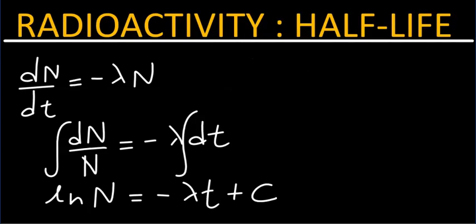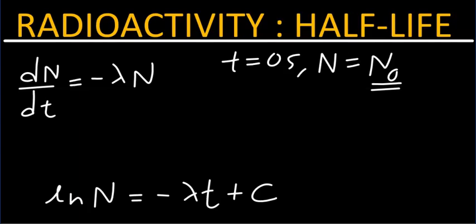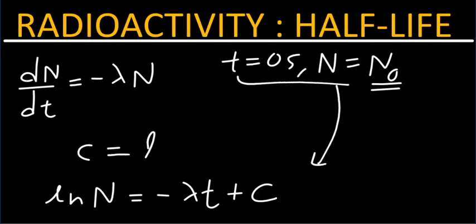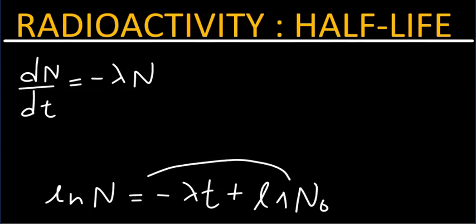We know that at t equals 0 seconds, before all that decaying starts, the number of nuclei is N naught. So this is the original number. Substituting this information in there, we see that c equals natural log of N naught. So let's substitute that, natural log of N naught. Let's bring this term to the left.